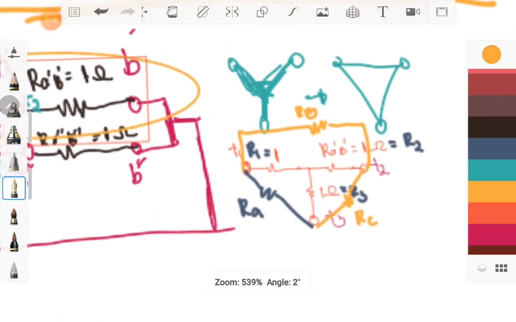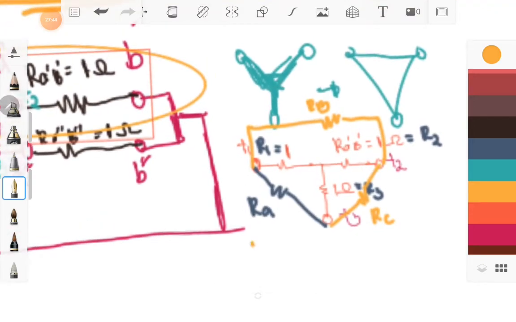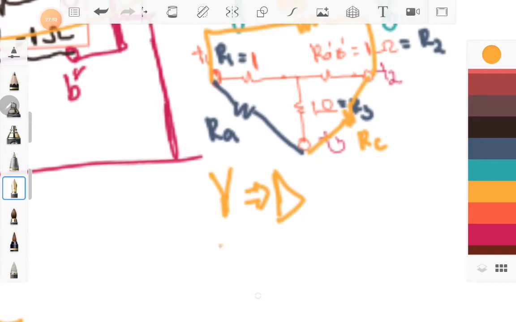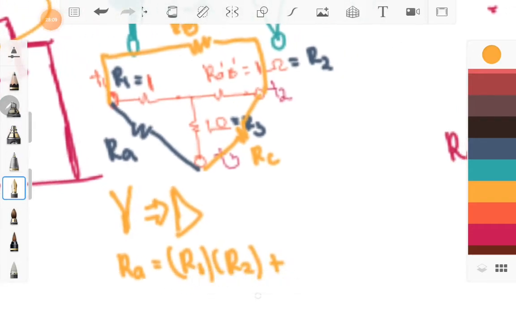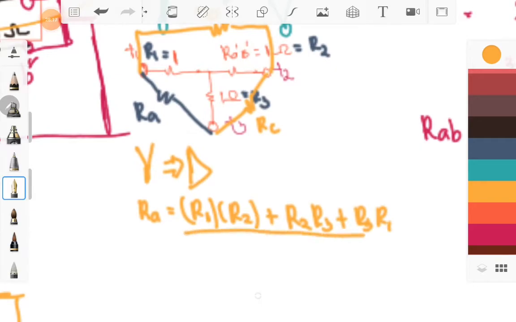The formula for your Y to delta transformation: RA is equal to the sum of the products of each of the resistors connected in Y, so R1 R2 plus R2 R3 plus R3 R1, divided by the resistor connected opposite to it, or the one with no connection to it.